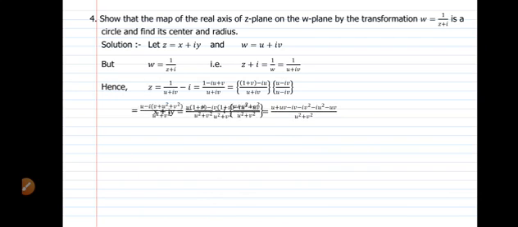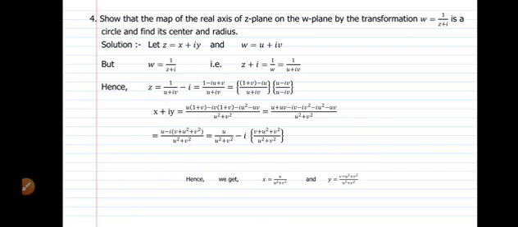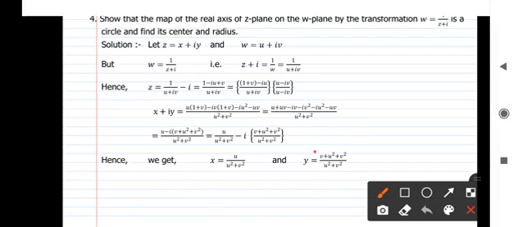Then equating real and imaginary parts, we get x equal to u upon u square plus v square, and y equal to minus of (v plus u square plus v square) upon u square plus v square. See, this is having minus i, so y should be negative.